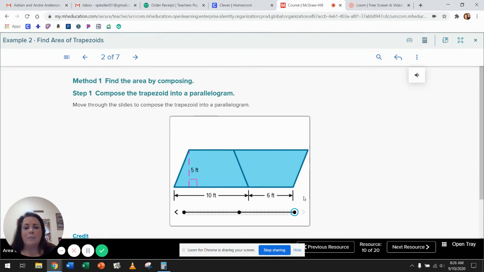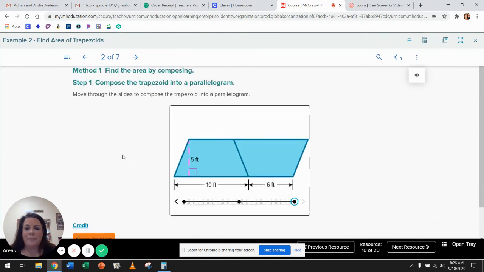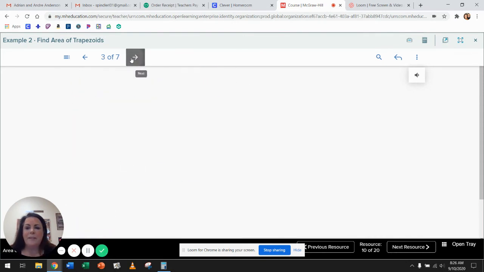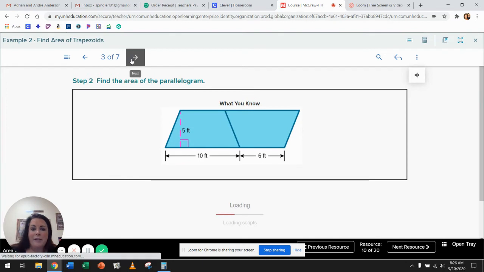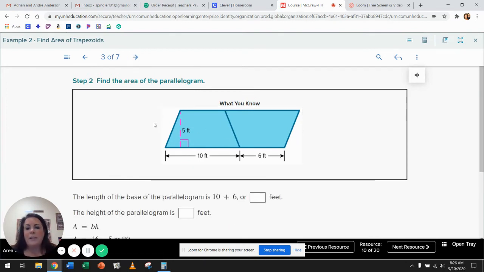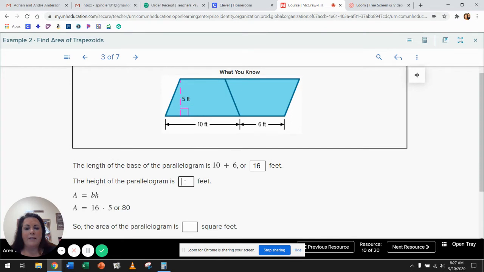And then you do 10 plus 6, which is 16, and multiply by 5. That's one way you could do that. But then you have to divide by 2. The second way is to actually use that formula. So the length of the base of the parallelogram is 10 plus 6, or 16 feet. Height of the parallelogram is 5 feet.